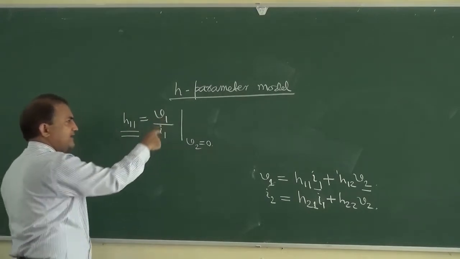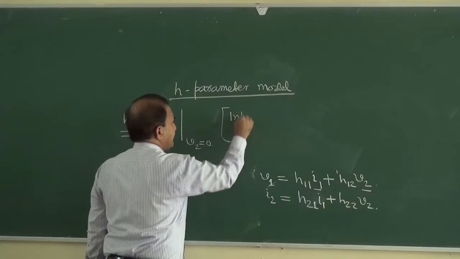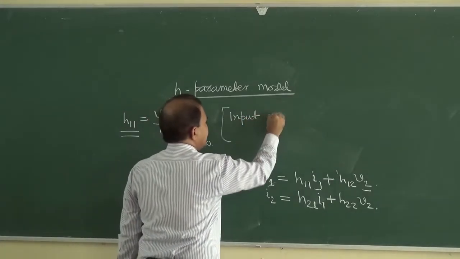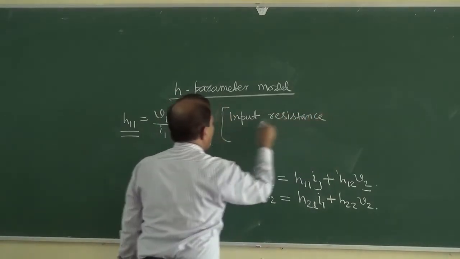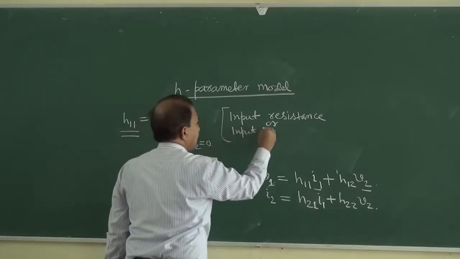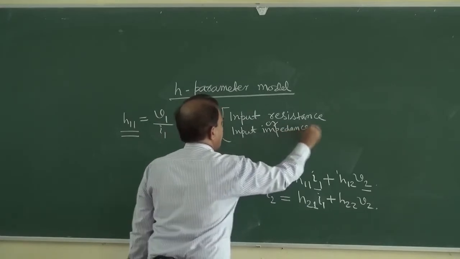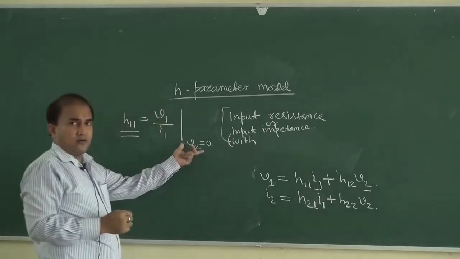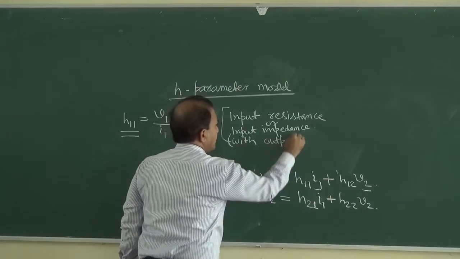H11 is V1 divided by I1, so this is the input resistance or input impedance when V2 is 0, that is, with the output shorted.